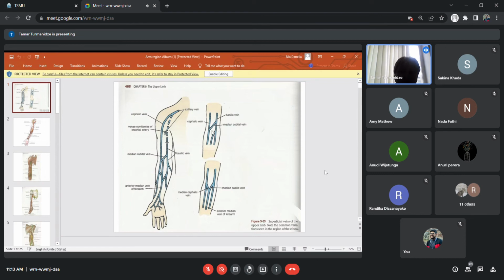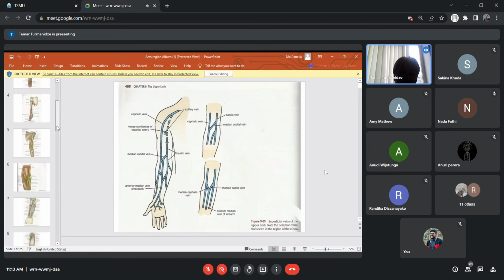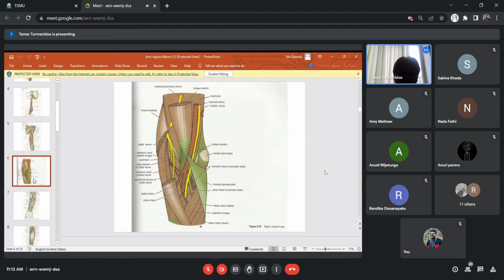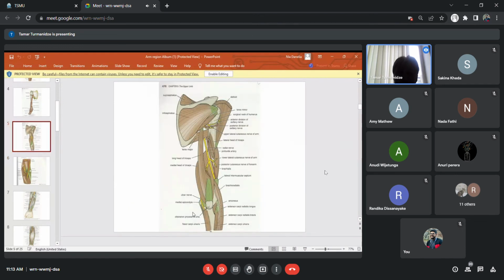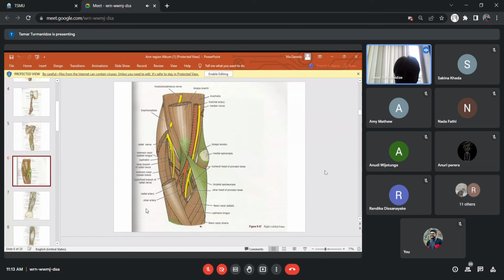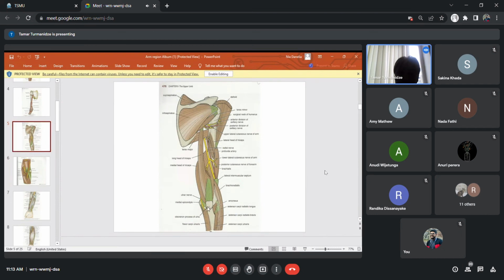Deeply on the elbow, we have the deep fascia, which covers the muscles in the anterior region of the elbow, and the bone enlargements in the posterior region of the elbow. So in the anterior region of the elbow we have muscular enlargements, in the posterior region of the elbow we have bone enlargements.